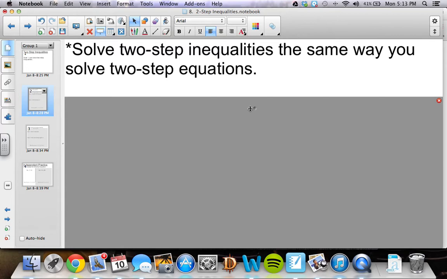When the problem says add, we're going to subtract. But also remember, when we divide or multiply the inequality by a negative number, that symbol is going to switch. So it's going to go from greater than to less than, from less than or equal to greater than or equal to.